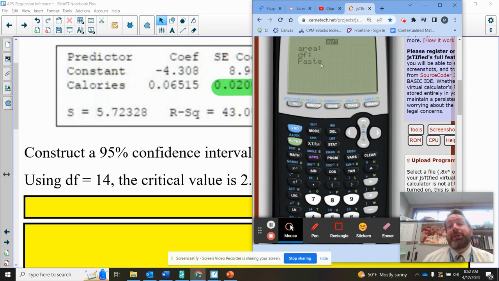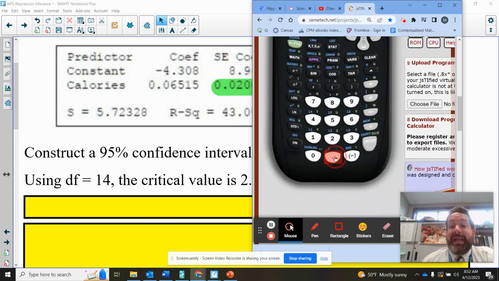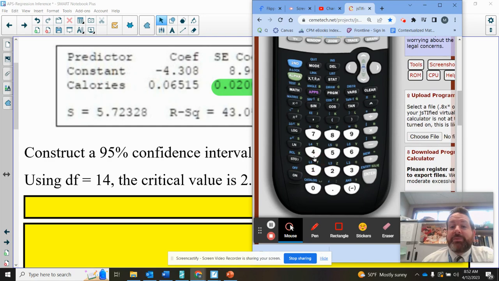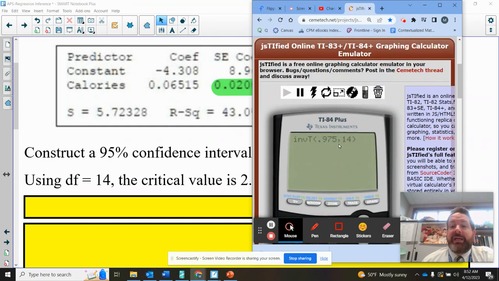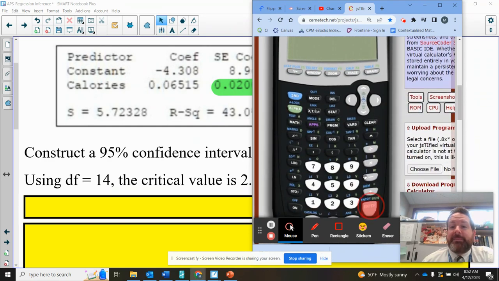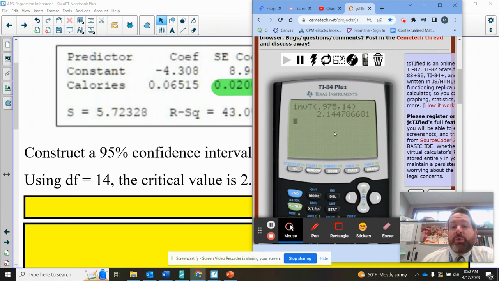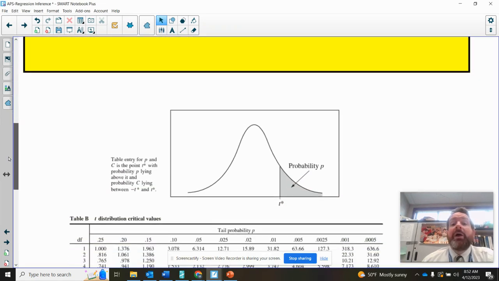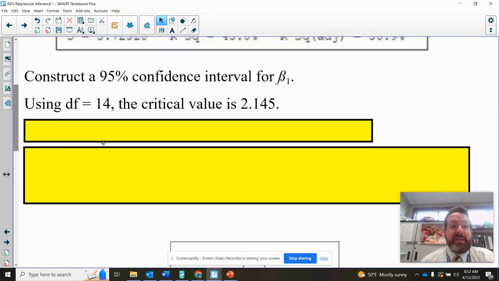The area below that top cut is therefore 1 minus 2.5%, which is 97.5%. And degrees of freedom is 14. Paste it in, enter, and you're going to get that same 2.145 number. So whether you prefer the calculator or the chart, go nuts, make your choice.